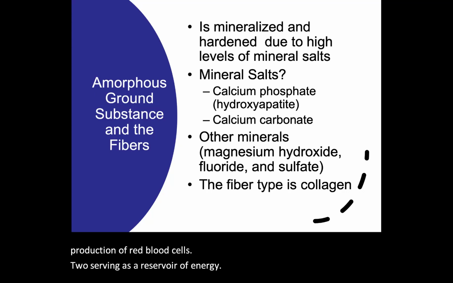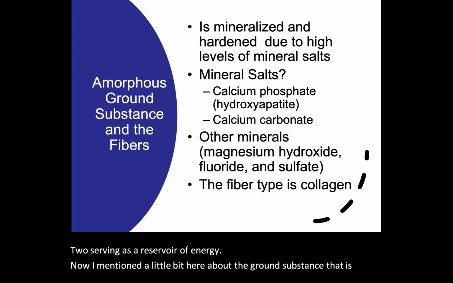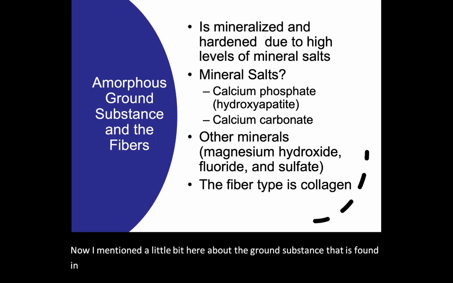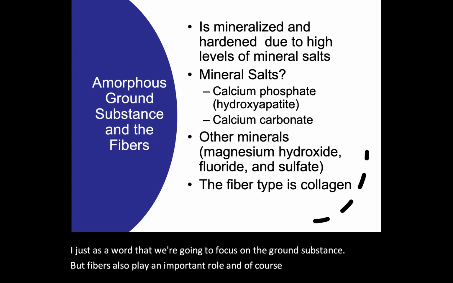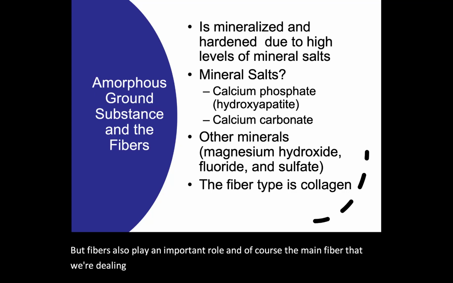Now, I mentioned a little bit here about the ground substance that is found in bone. We're going to focus on the ground substance, but fibers also play an important role. And of course, the main fiber that we are dealing with is that of collagen.